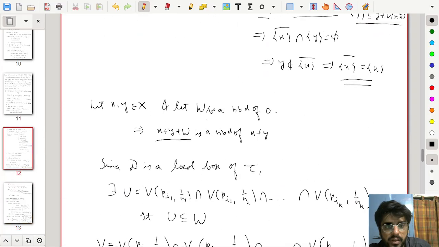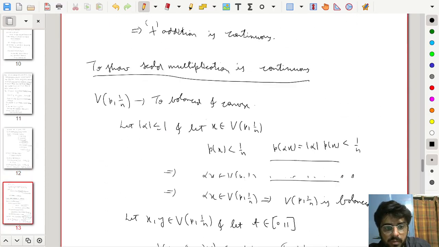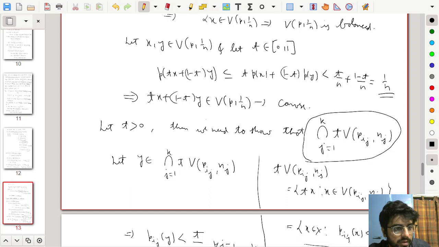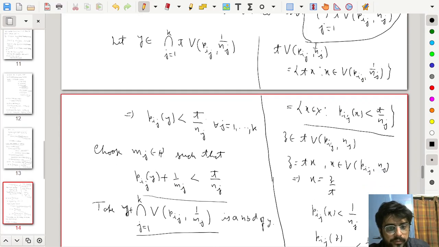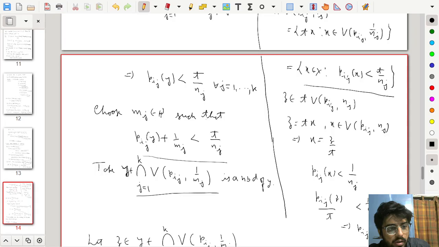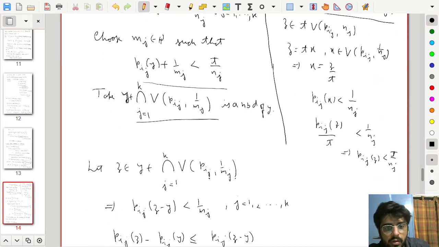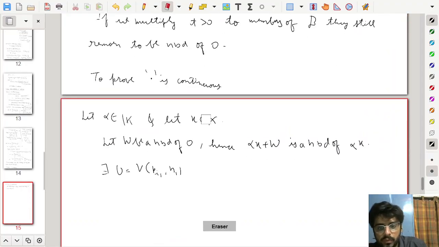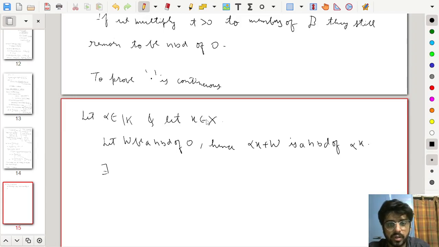For addition it's fine. Scalar multiplication, here I made a mistake. I changed the notation again. Sorry, this is 1/n. Coming back, I'm sorry for that confusion of notations.